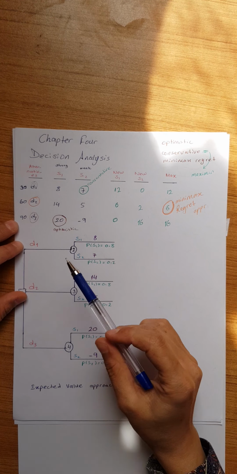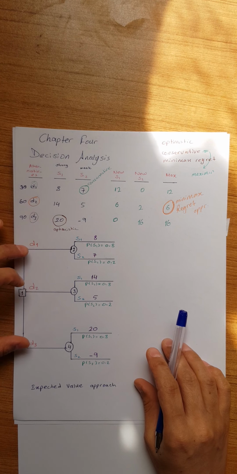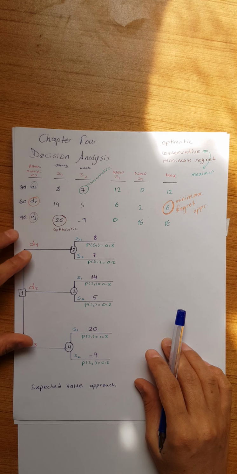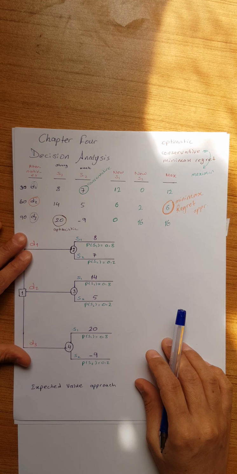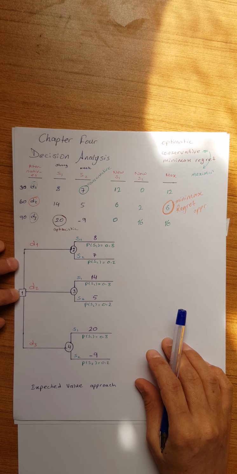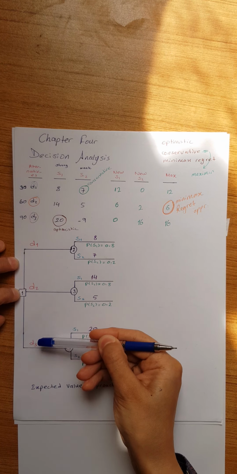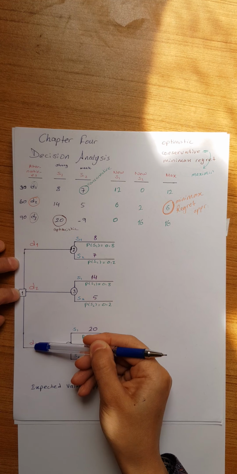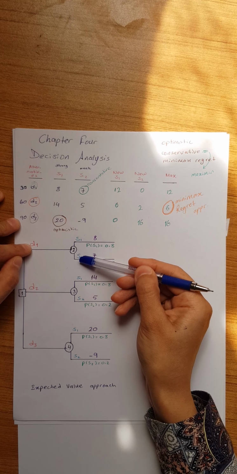So we have D1, D2, D3. Here I have drawn the tree directly. You already know how to make a tree; we studied in chapter 1 how to draw a tree for a problem. The company decides to have 3 different alternatives, D1, D2, D3, and for each alternative, we have 2 states of nature.